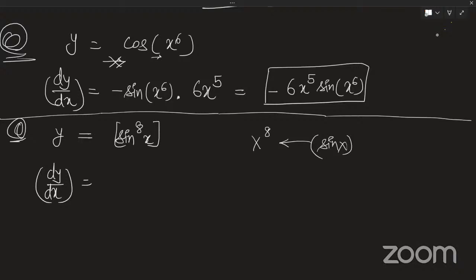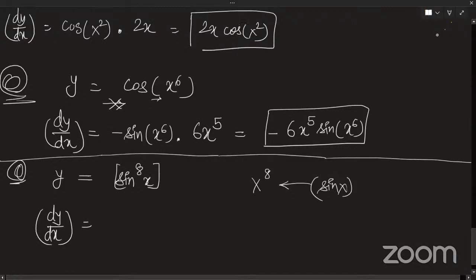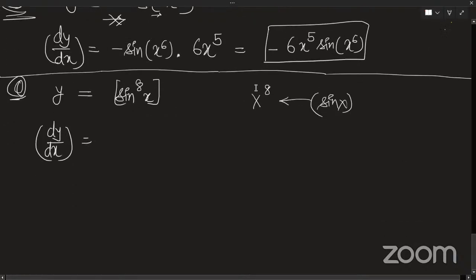See, earlier you had the function cos x, and inside that function you were putting x raised to 6, which was the outermost function. Here the function is x raised to 8, and in that function you are putting sin x. So what is the outermost function? x raised to 8 is the outermost function, right?